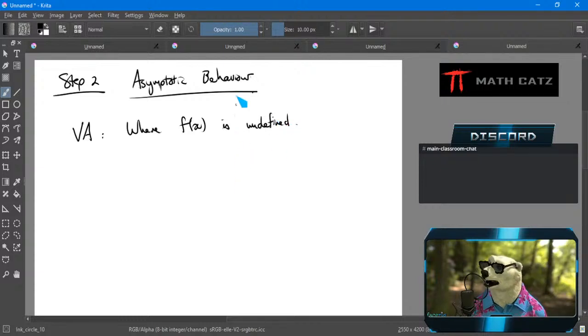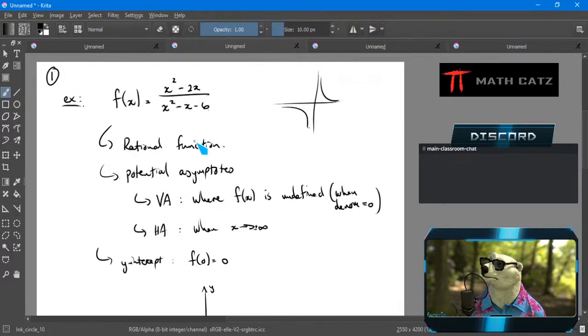Now let's actually have a look at the functions that we made here. If I look at this function, I'm just going to scribble it on this because if I copy it, it's going to be hard to not make mistakes, and it wastes time anyway. This function, vertical asymptote, where the function is undefined, and that's only going to happen where the denominator equals 0, which means I probably need to factor this guy.